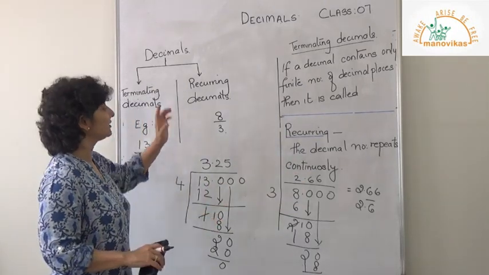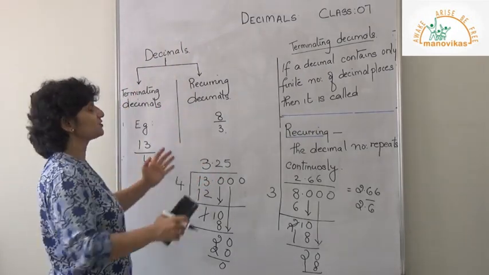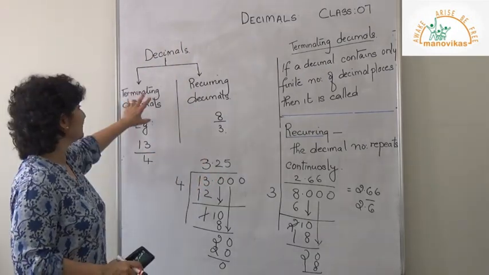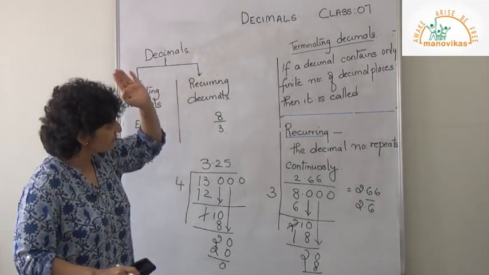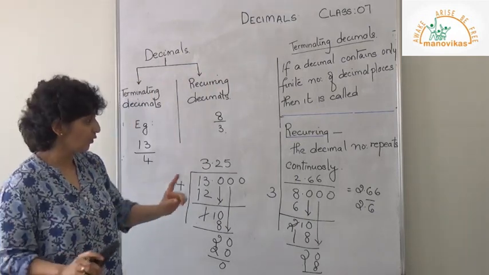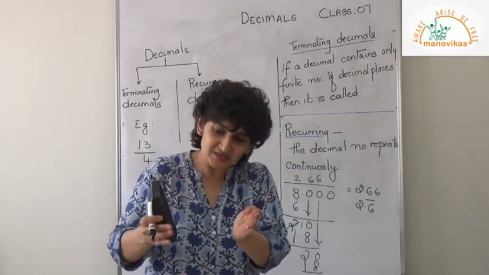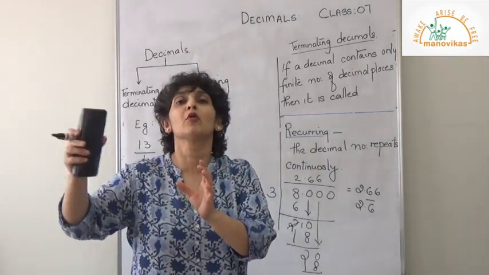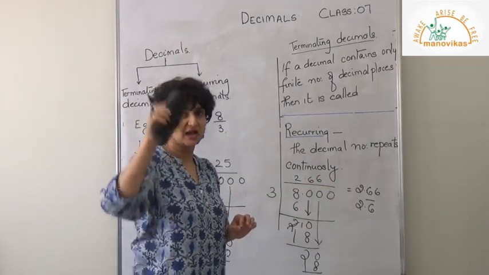I hope you have understood what decimals are, and that in decimals we have two kinds: terminating and recurring. Terminating means a finite number of decimal places, fixed, and your remainder will go to 0, whereas in recurring the number repeats. As many times as the number repeats, you don't have to write it again. You just write 2.6 and put a bar.